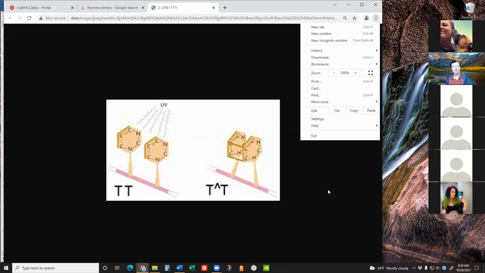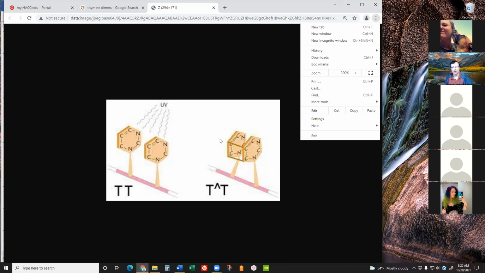Okay, so if you can see my screen right now, Noah, right here on the left, you have two thymine nitrogen bases hanging off the backbone of the DNA strand here. That's how thymine is supposed to be positioned. When these structures are hit by ultraviolet radiation from sunlight, they will form bonds in between themselves, highlighted right here.